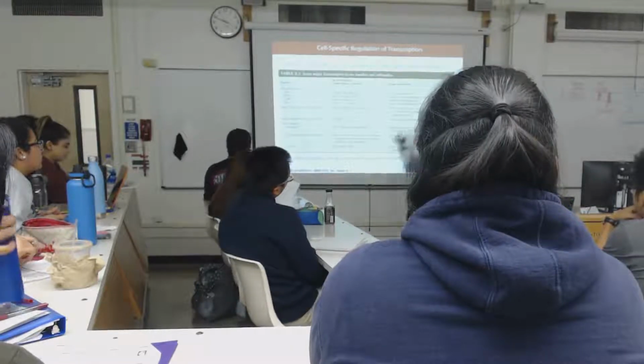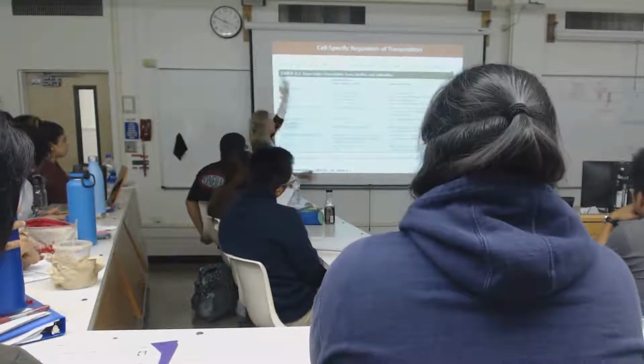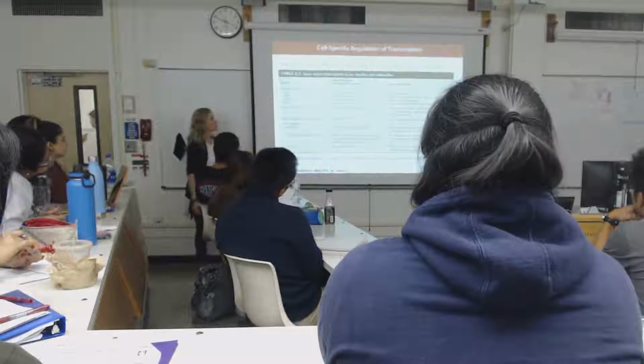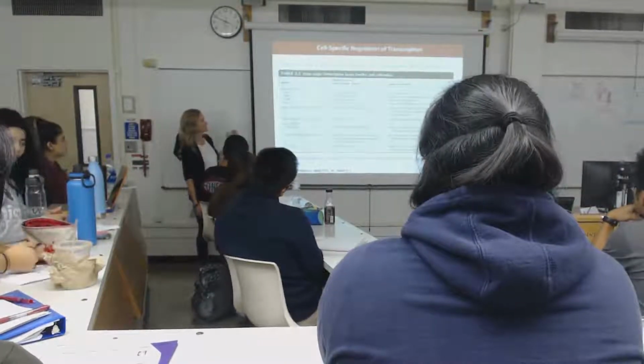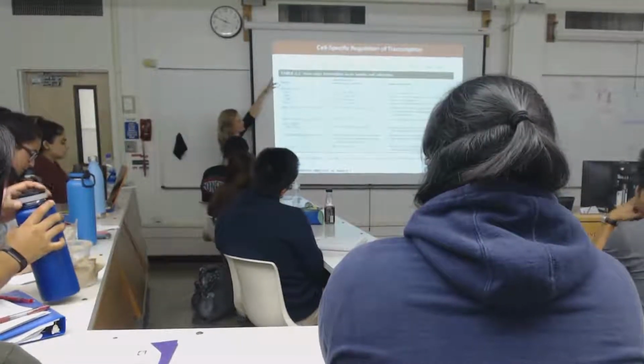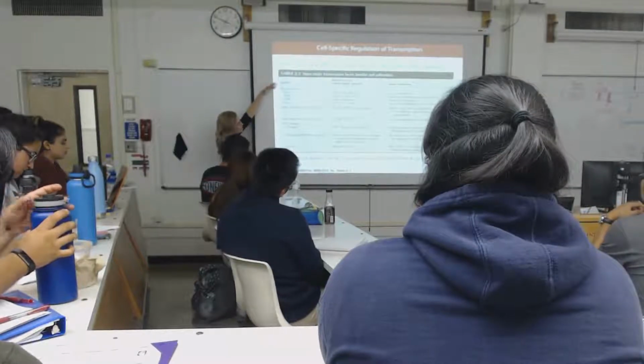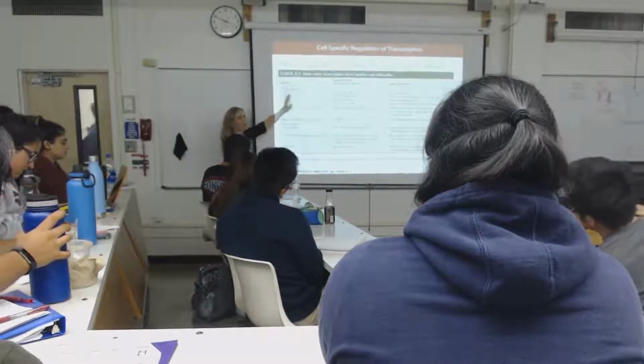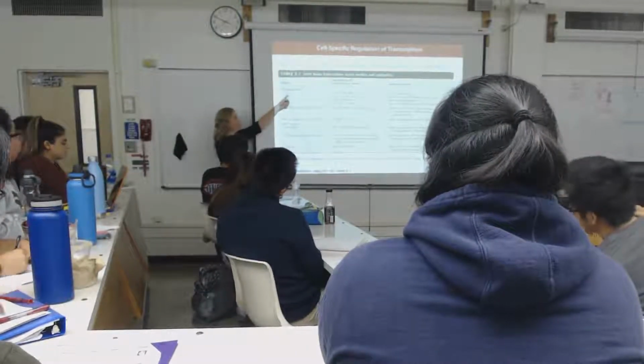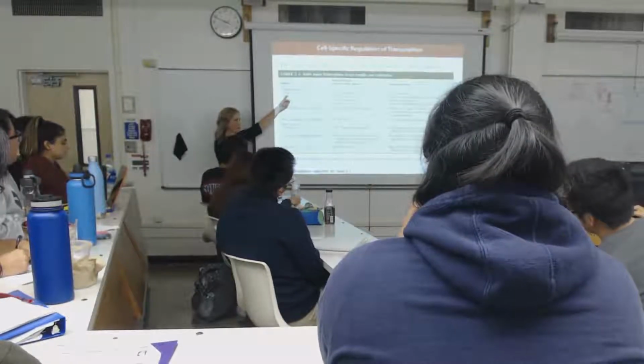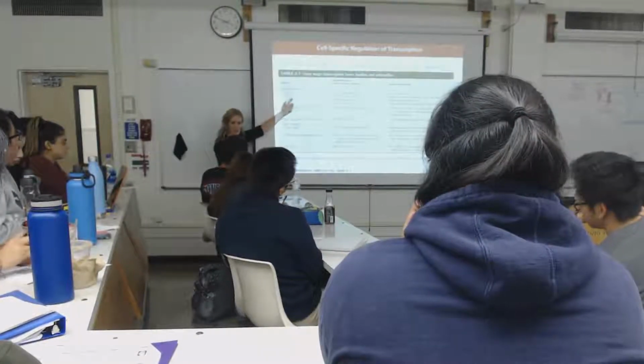So this chart, you do not need to memorize this information. What this chart is trying to convey is that there are all these different families of tissue-specific transcription factors. I talked about the Hox transcription factor family when I was talking about gene families.